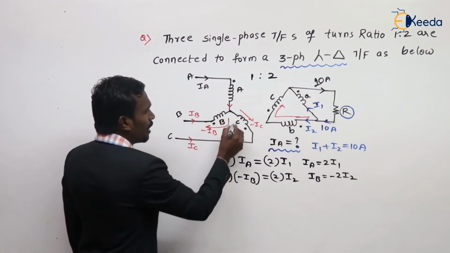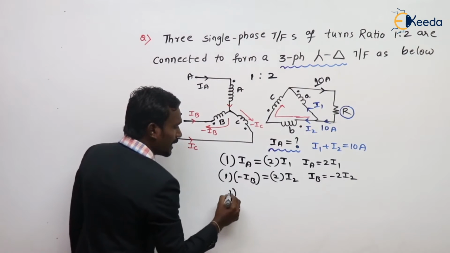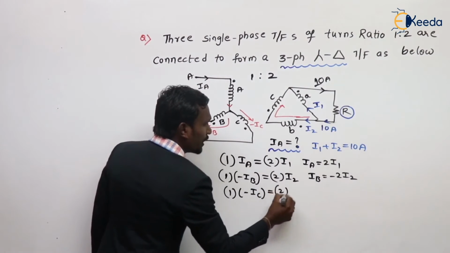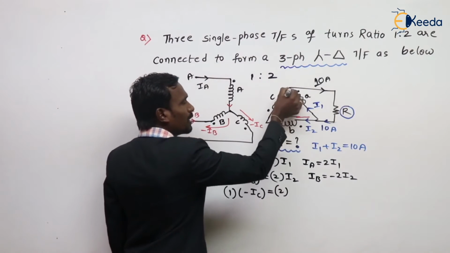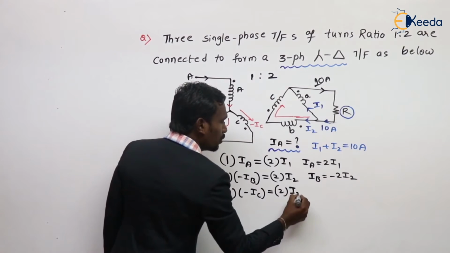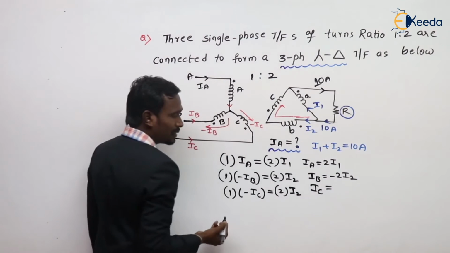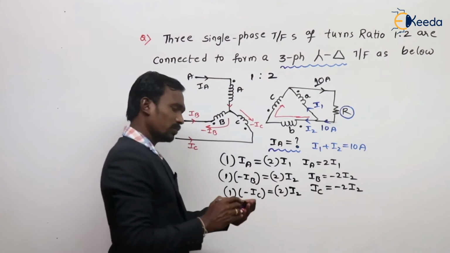And next, for C phase again, N1 I1 is equal to N2 times the same I2 current flowing through the phase C. So what is the answer again? IC is equal to minus 2I2 again.